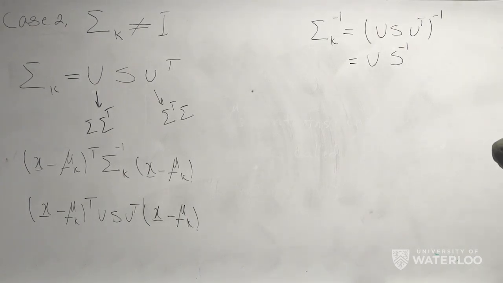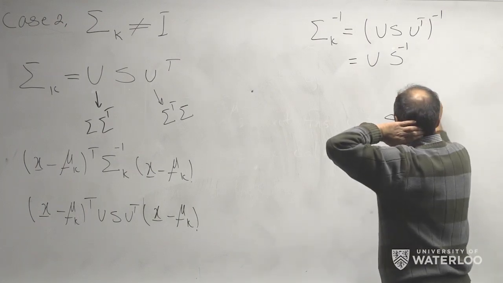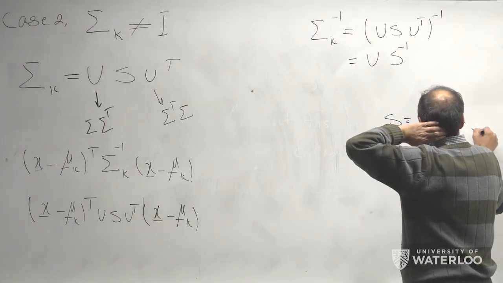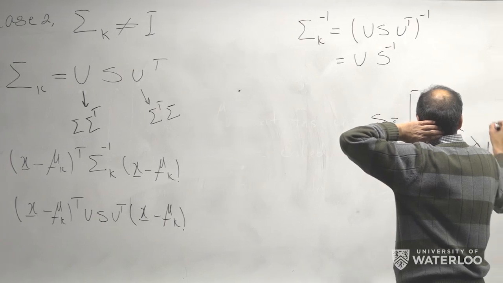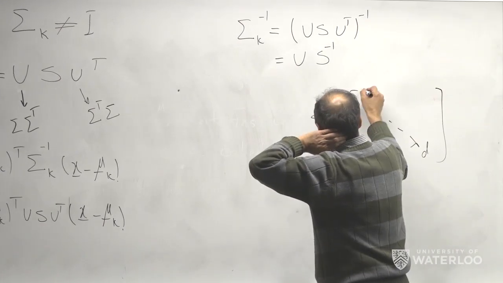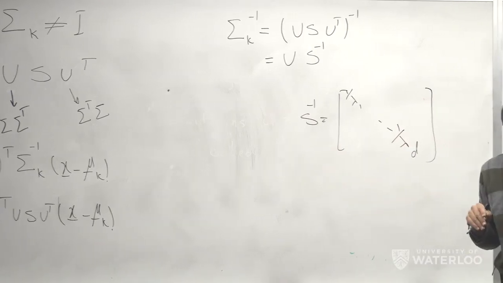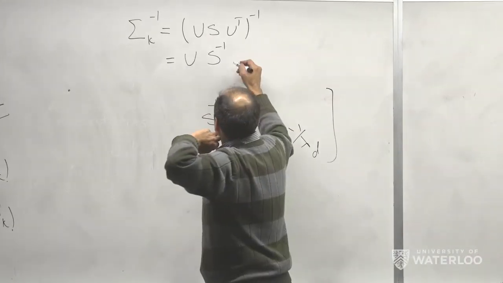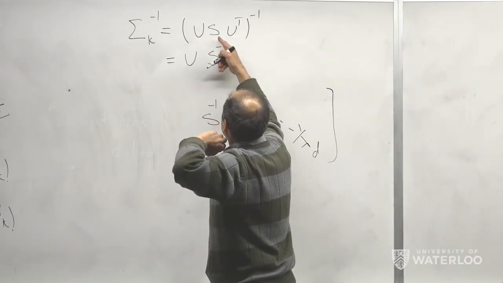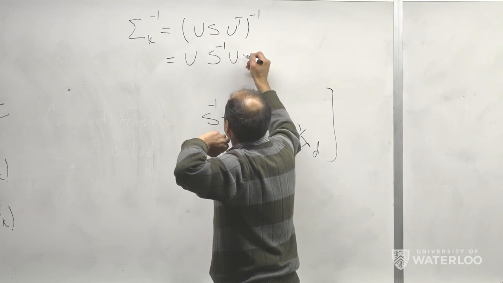So S is like this, lambda 1 to lambda D. The inverse of this would be 1 over lambda D. Okay? And then it's going to be U S inverse U transpose.